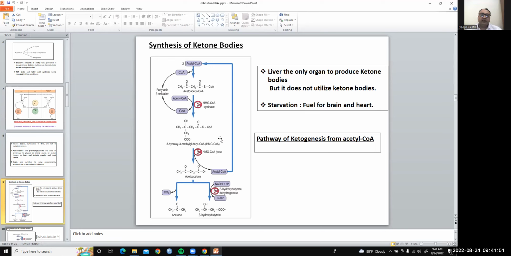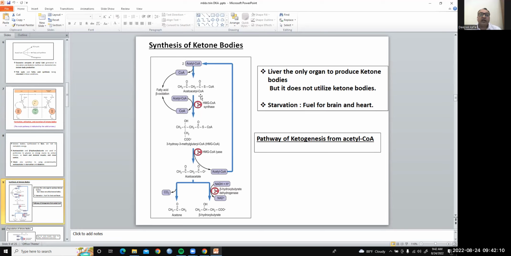First, 2 moles of acetyl-CoA will combine in the presence of the enzyme thiolase, which is the enzyme present in the reversal of the final step of beta oxidation, to form acetoacetyl-CoA.